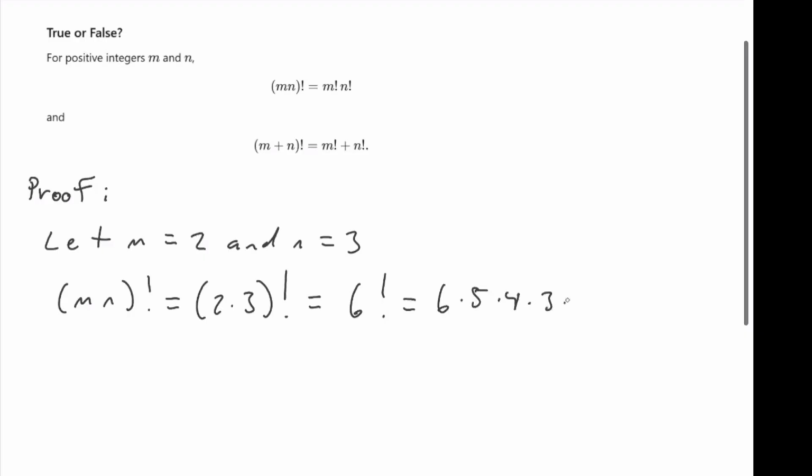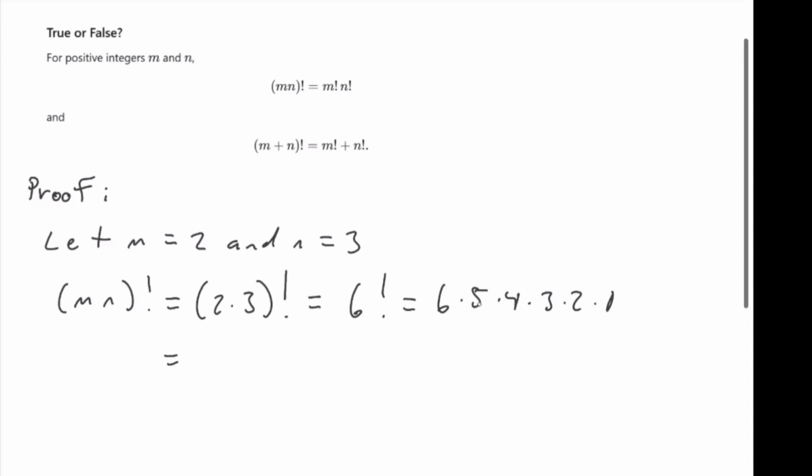So we're going to see if this works for this case. We have (mn) factorial, which is the same thing as (2 times 3) factorial, which is 6 factorial, which is 6 times 5 times 4 times 3 times 2 times 1.